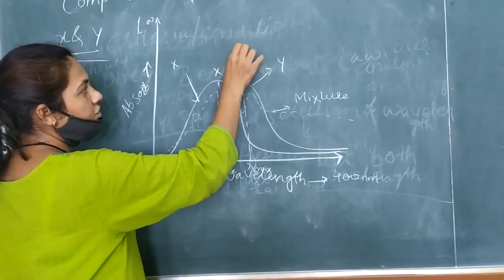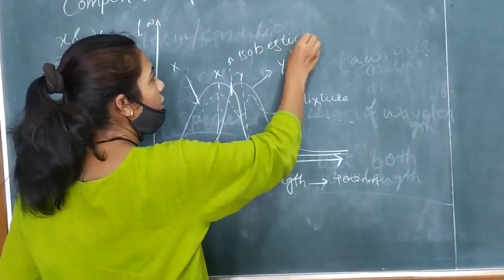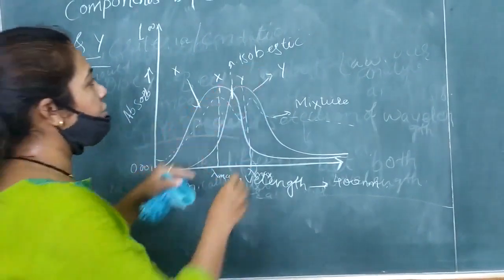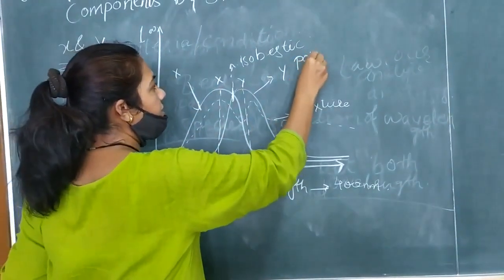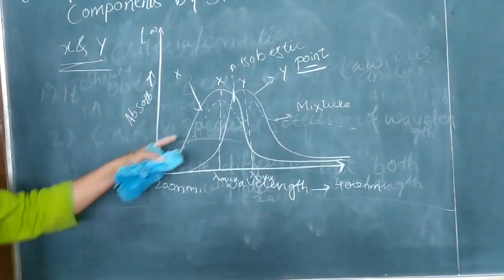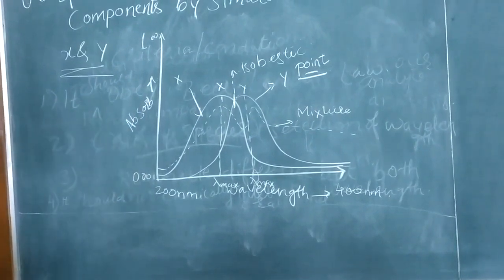So this point is called an isobasic point. This is important from the simultaneous equation method point of view. So this is the graphical representation of the simultaneous equation method.